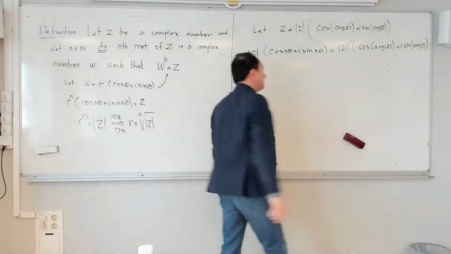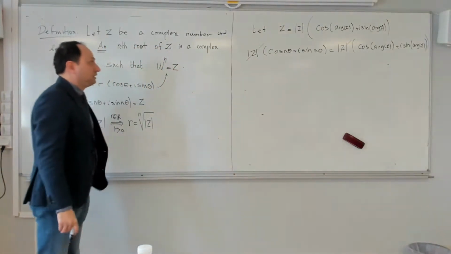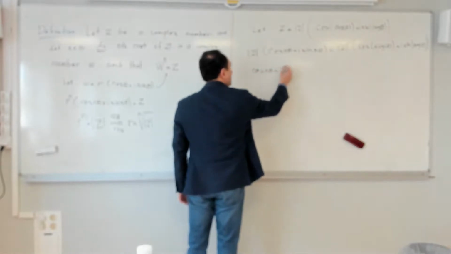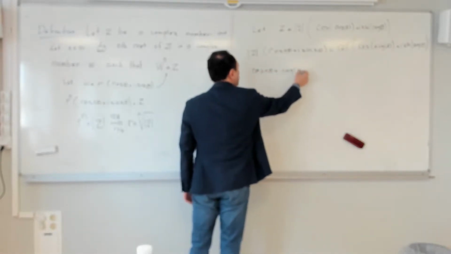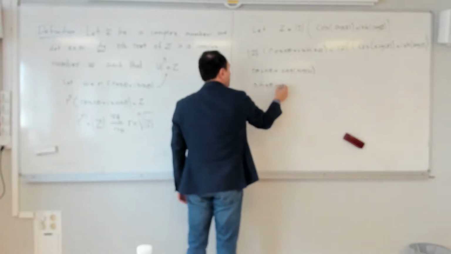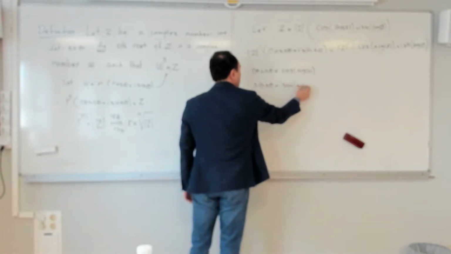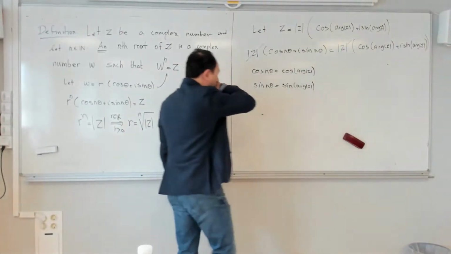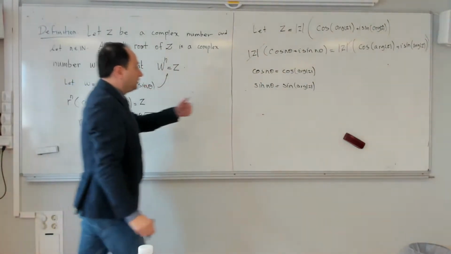This absolute value of Z and this absolute value of Z are gone. And then I can conclude that cosine of n theta is equal to cosine of the argument of z, and the sine of n theta is the sine of the argument of z. Yes? And then what can I conclude from here?